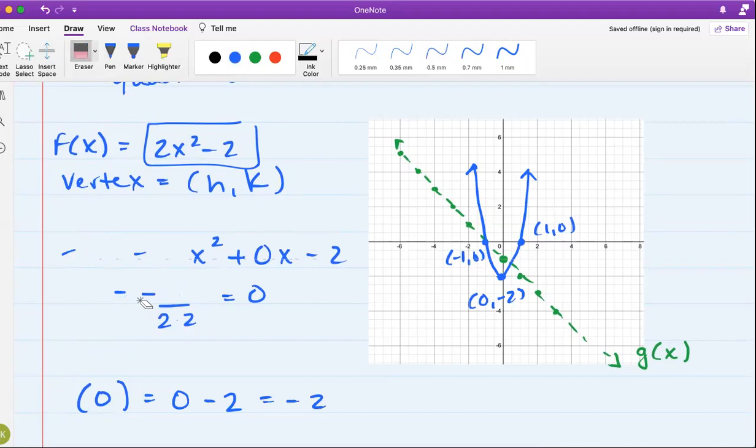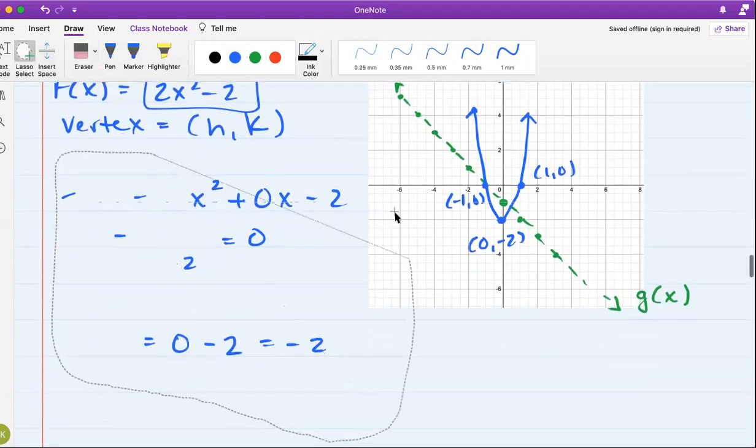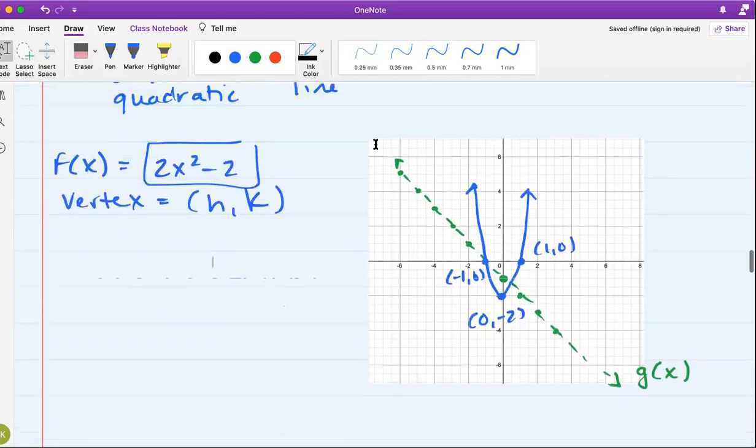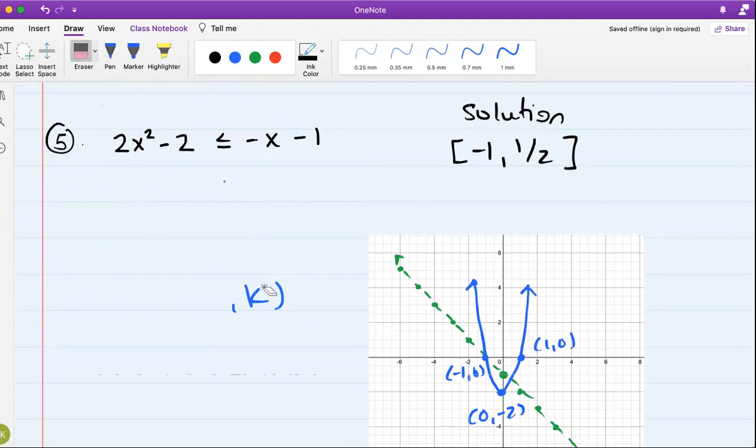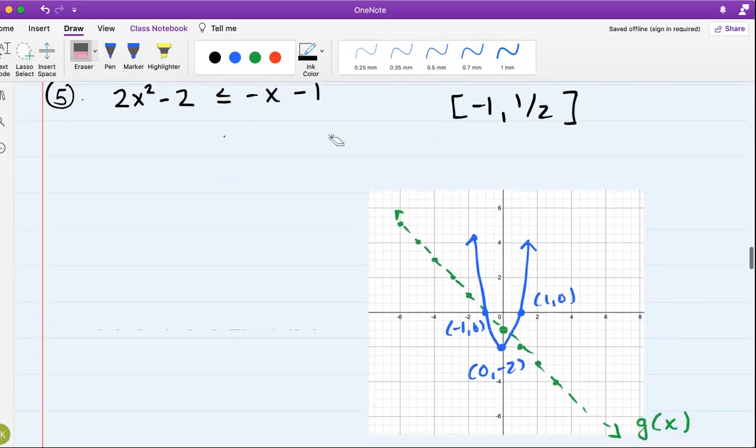Okay, now what do we need to do? Let's look back at the inequality. The inequality asks us, when is this parabola less than or equal to this line, negative x minus 1?